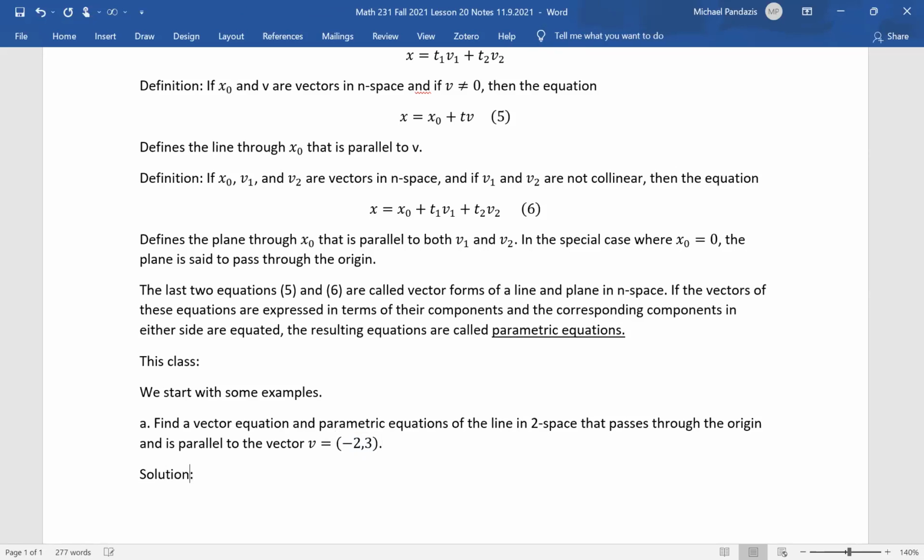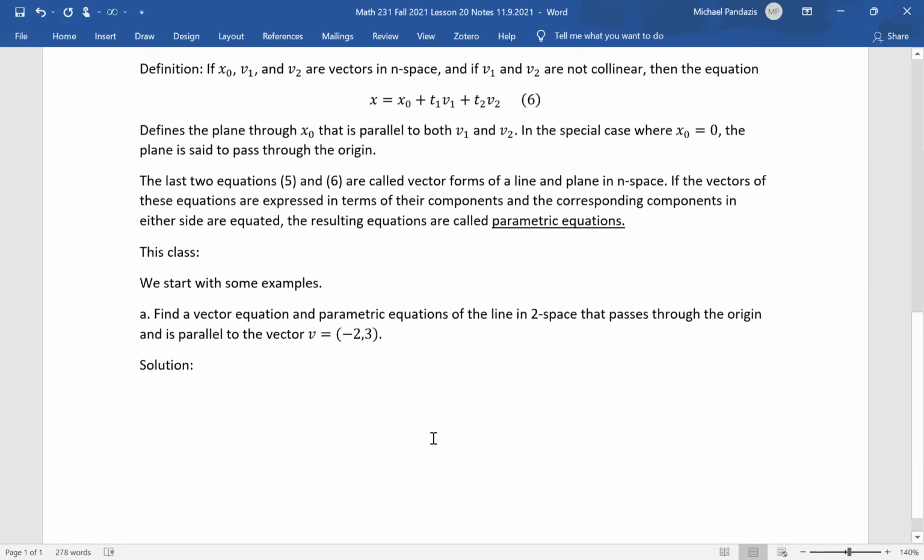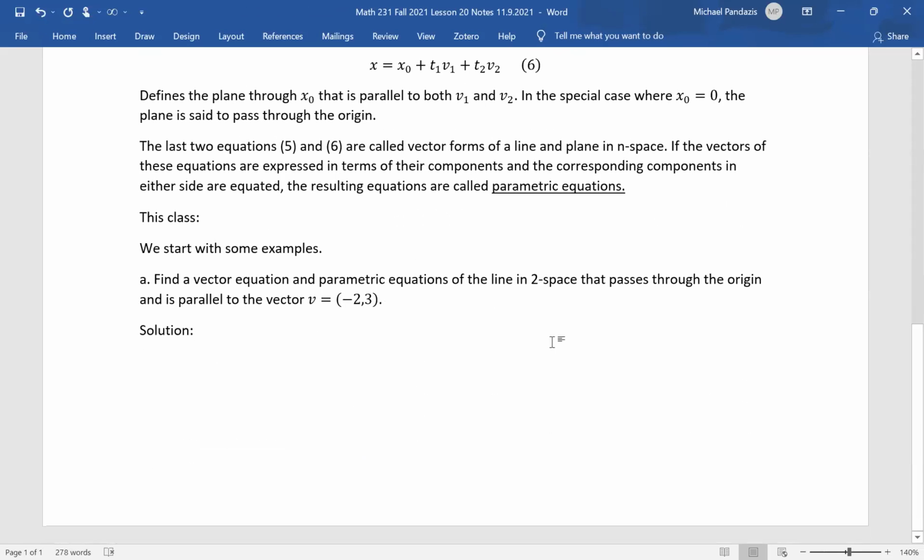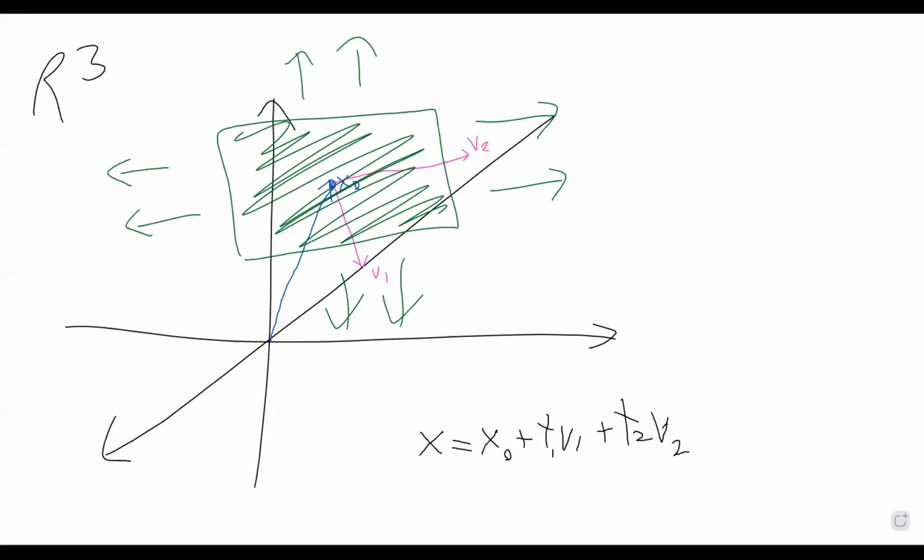Okay, so solution. We want a vector equation and parametric equations of the line in 2-space that passes through the origin and is parallel to the vector v equals (-2, 3). If you were to illustrate this situation, you're in 2-space, so you have the x-axis and the y-axis, and you have a vector v, which is equal to the vector (-2, 3).